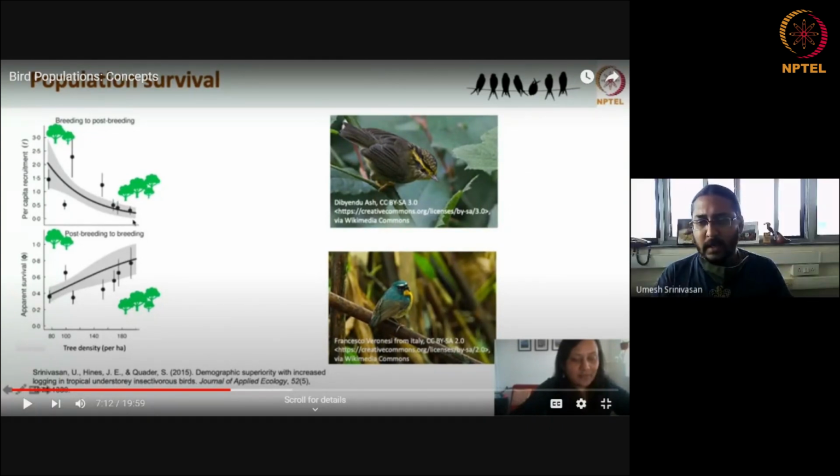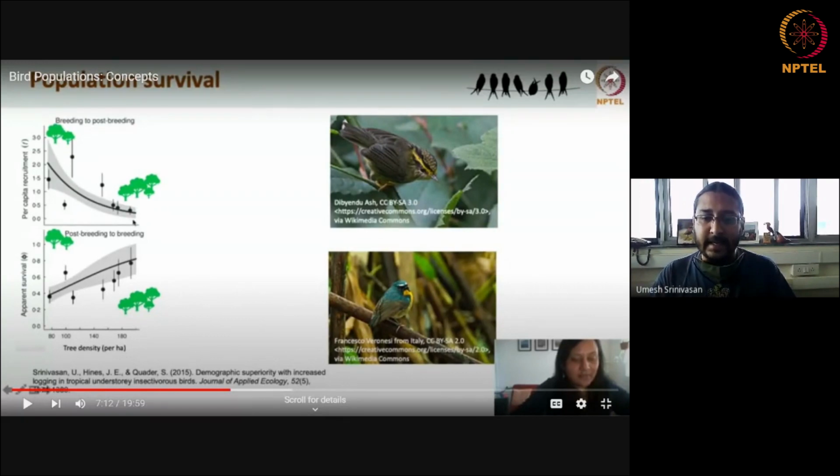Okay. So the birds are not actually preferring one habitat to breed in and another habitat to winter in. These are resident birds. They stay on the same territory throughout the year, in summer and in winter. So it's not as if in summer these birds go to breed in logged forest, and then in winter they move to another habitat in primary forest.